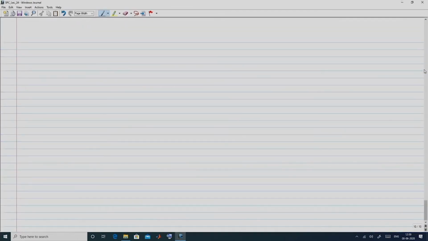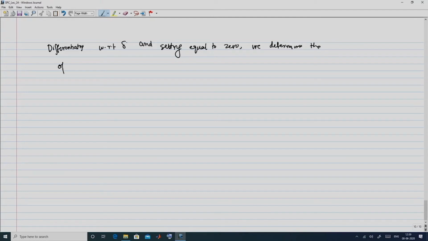So accordingly, we differentiate with respect to delta and, setting it equal to 0, we determine the optimal number of shares, which we denote by delta hat at time capital T minus 1.